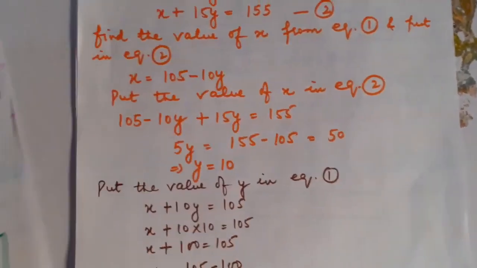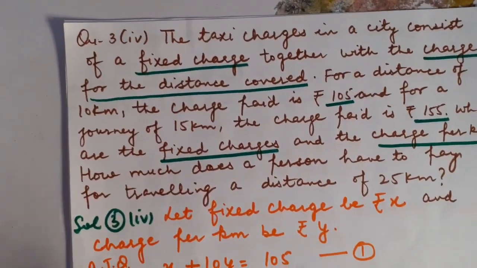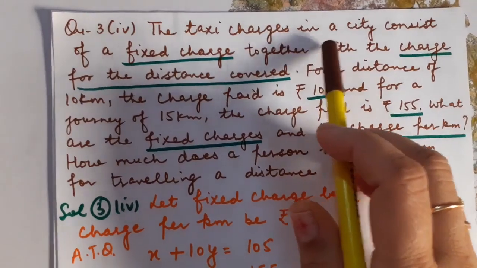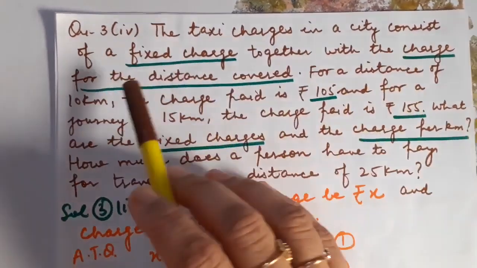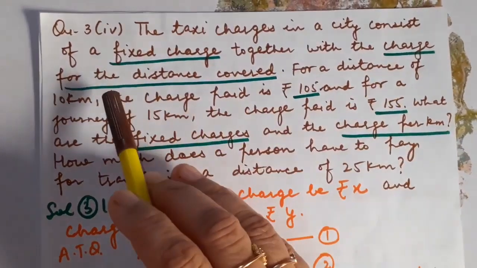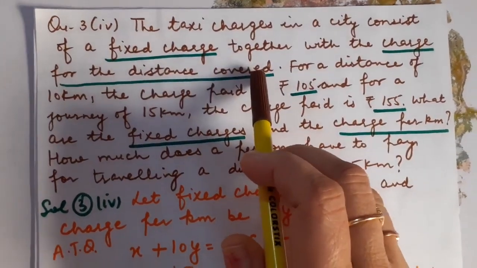Fine. Now let us switch to the next question. This is question number 3rd, part number 4th. The taxi charges in a city consist of a fixed charge together with the charge for the distance covered.